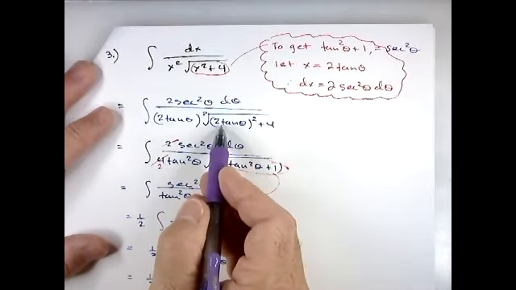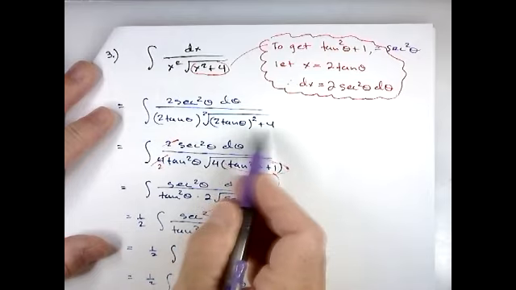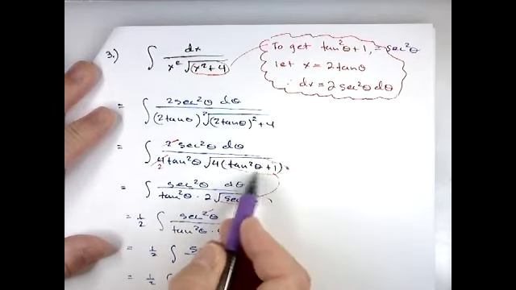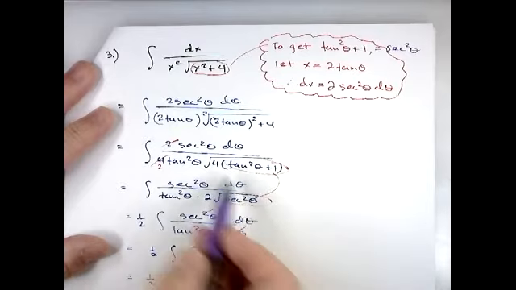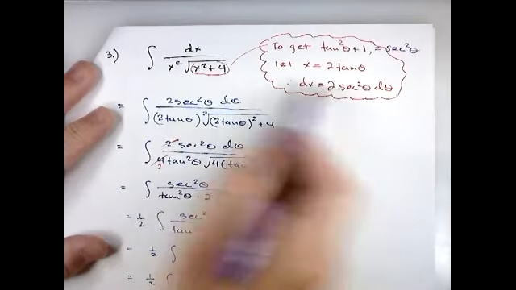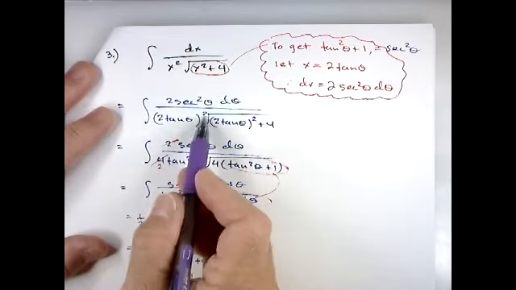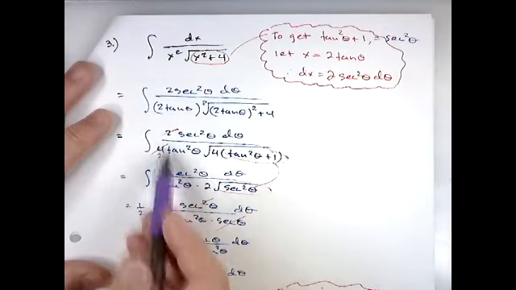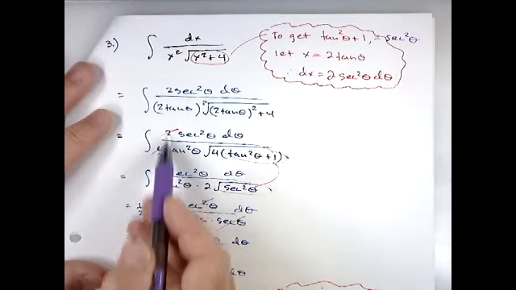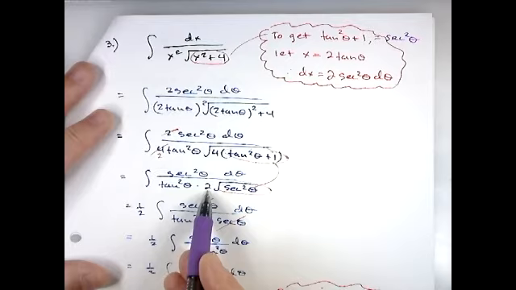Because if I square that, it's going to turn into a 4, which I could then factor out between these two terms and take advantage of my identity, which would be secant squared. Okay, remember to put your dx in, and your x is 2 tan theta as well here. After I simplify that and square it, that's a 4. Cancels this out with a 2. This 4 will come out as a 2.